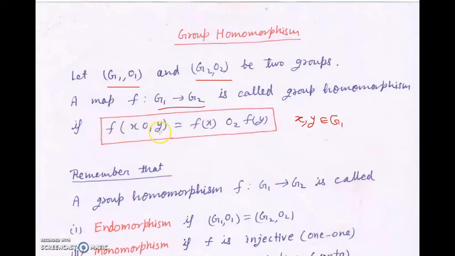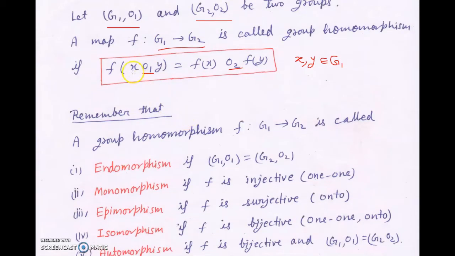Because x and y belong to G1 and the operation of G1 is O1, there is an operation O1 here, and F(x) and F(y) belong to G2 and the operation in G2 is O2, so the operation O2 is here.